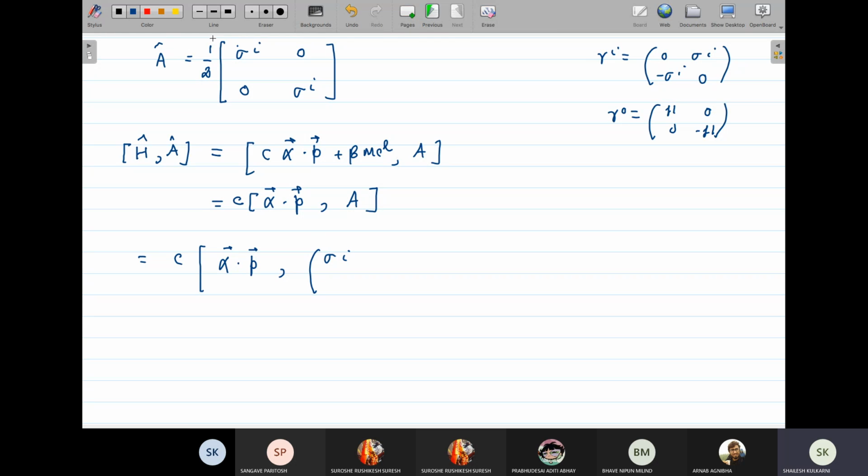If I write i here, then I have to write A i. So we have a 4 cross 4 matrix, its commutator with this 4 cross 4 matrix. These are all 2 cross 2. So what is this?